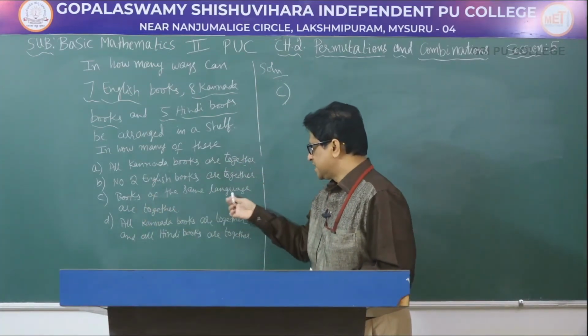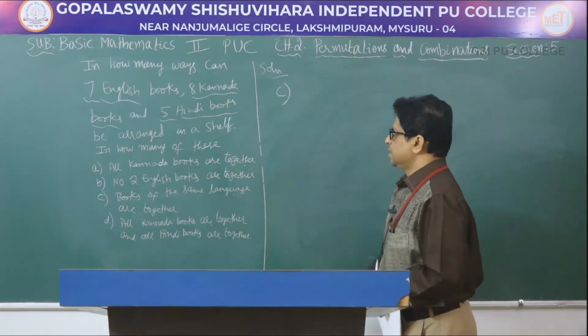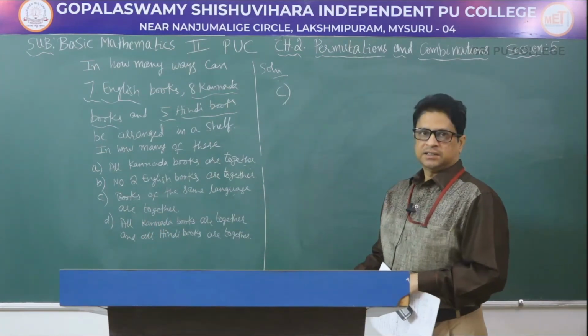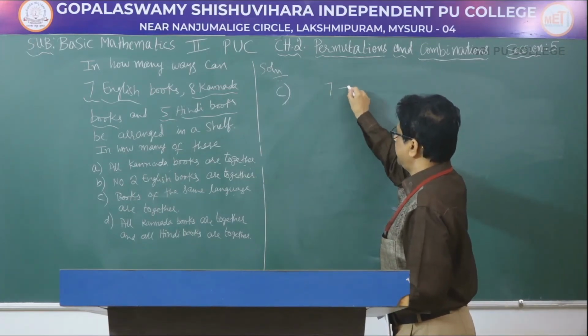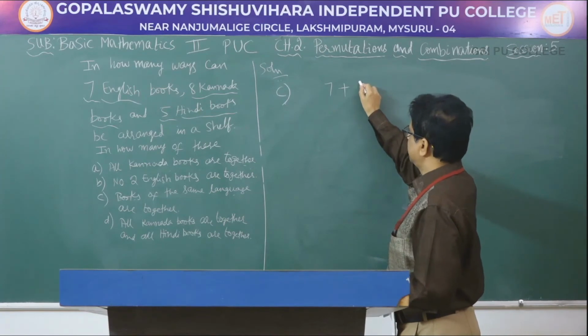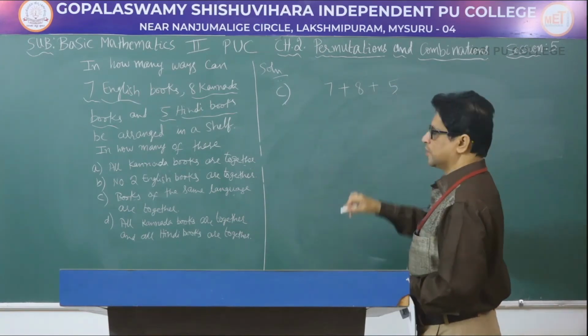So, next, books of the same language are together. Here there are 3 languages: 7 English books, 8 Kannada books and 5 Hindi books.